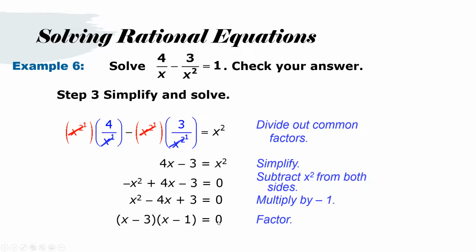Now remember the concept of 0: if we multiply one factor by 0, the answer is 0. Any number multiplied by 0 is always equal to 0. So if we equate x minus 3 to 0, what would be the value of x that, if we subtract 3 from it, the answer is 0?